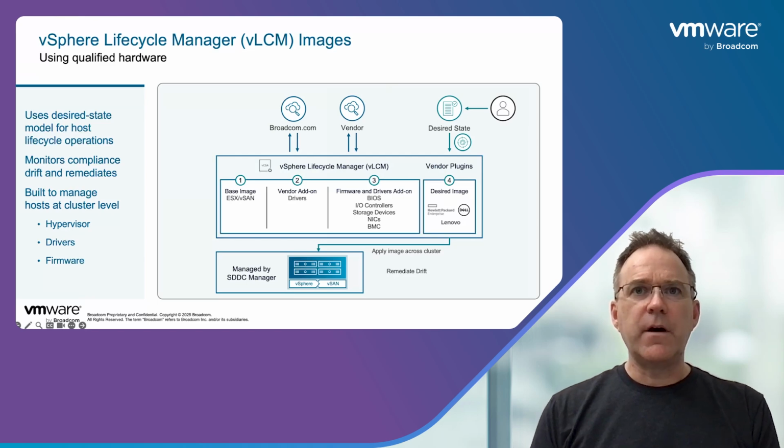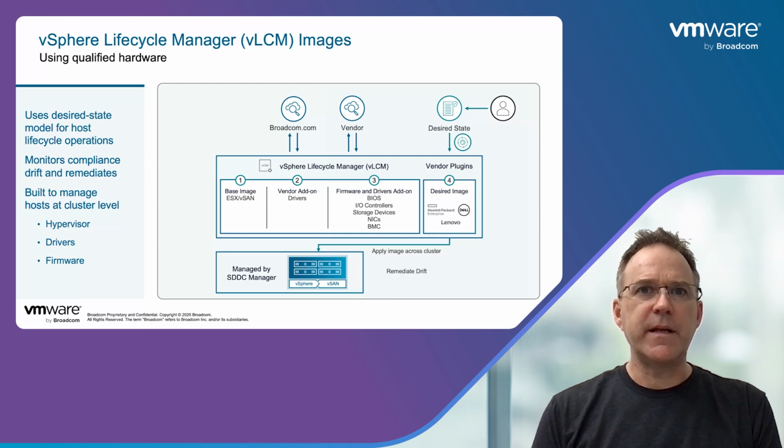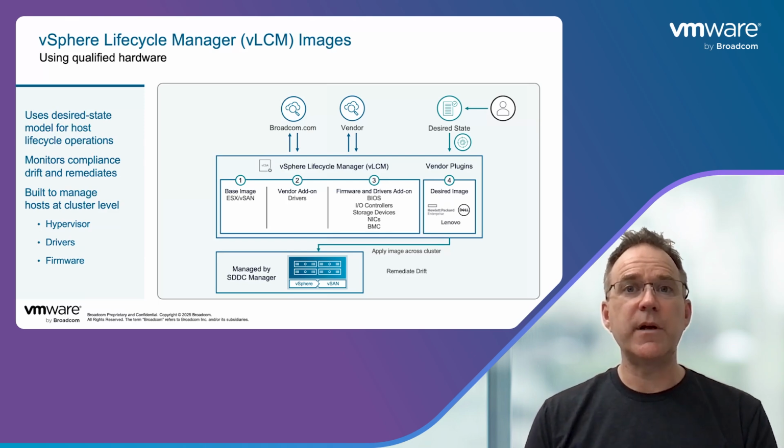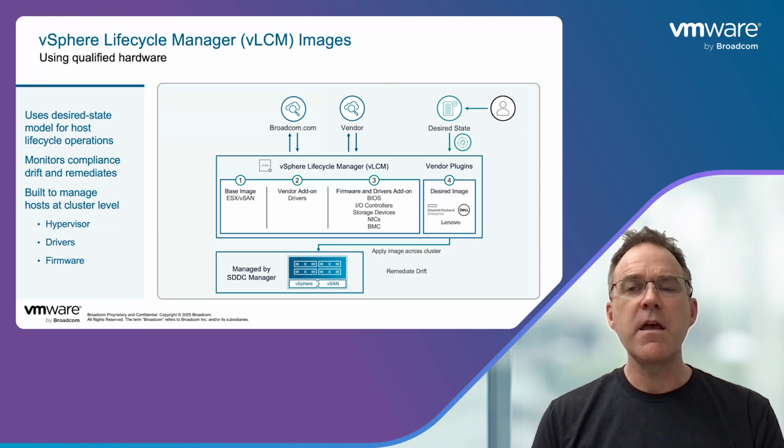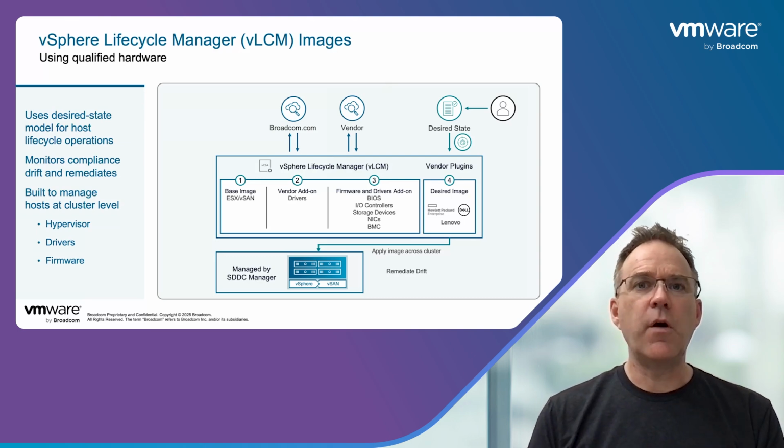As of VCF9, all domains must use vLCM images, which allow customers to configure their hosts for desired state software updates. When using qualified hardware in a hardware management system, vLCM images unify not only your ESX image, but also your BIOS, firmware, and drivers through a single update process. vLCM images reduce the overall overhead of system maintenance within an HCI environment.